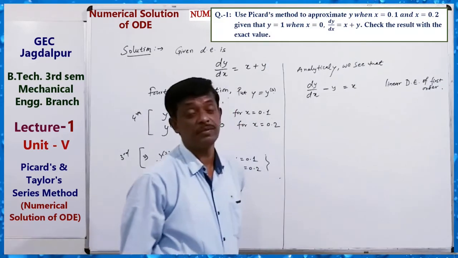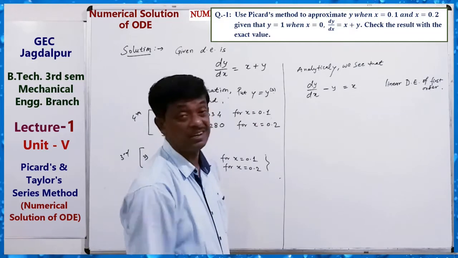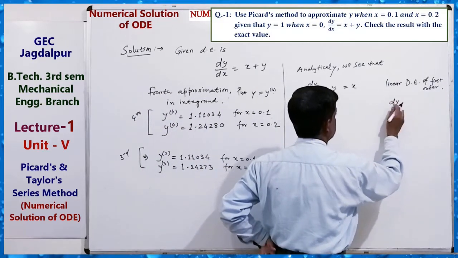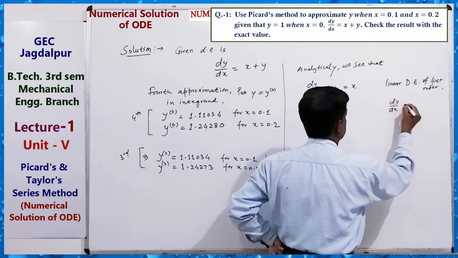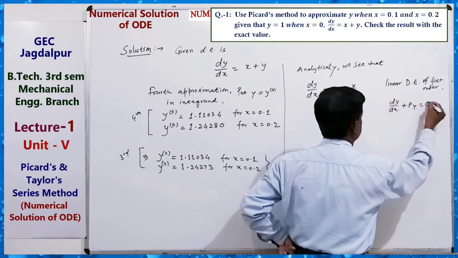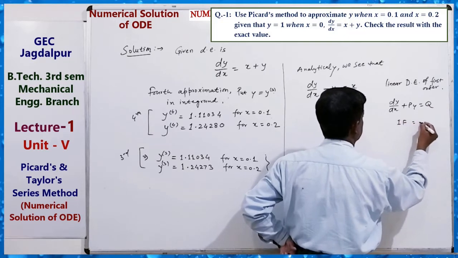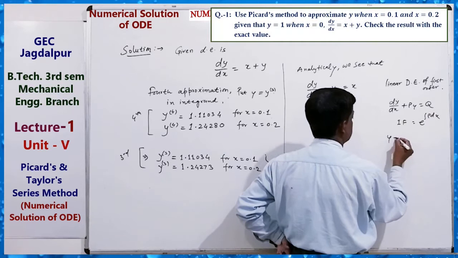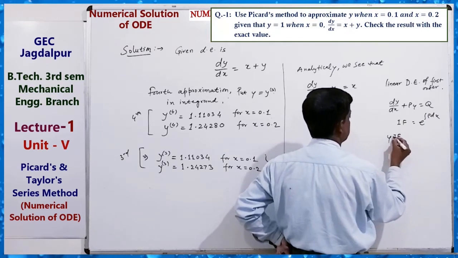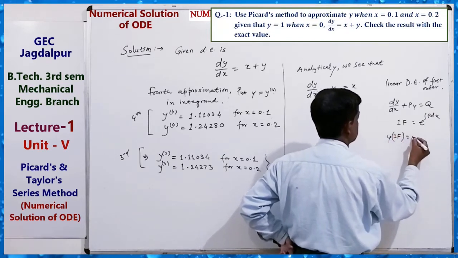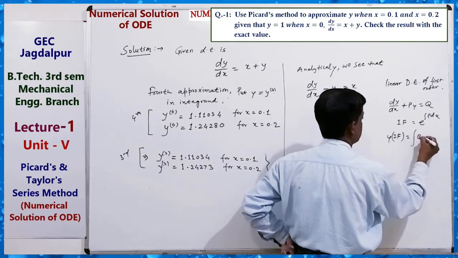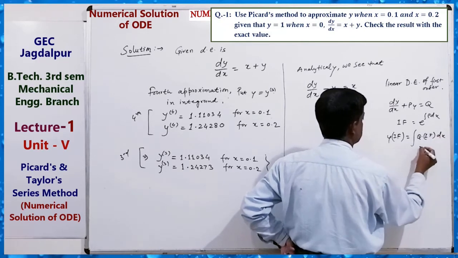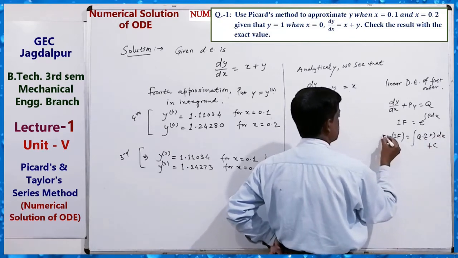So it can be solved by finding its integrating factor. In this format, dy by dx plus py equals q, the IF is e to the power integration p dx. The solution is y into IF equals integration of q into IF dx plus c.